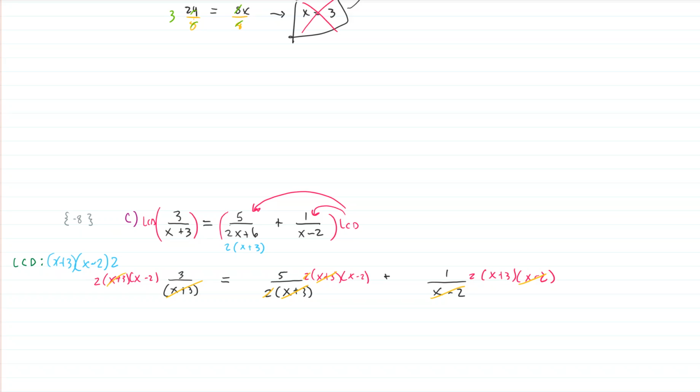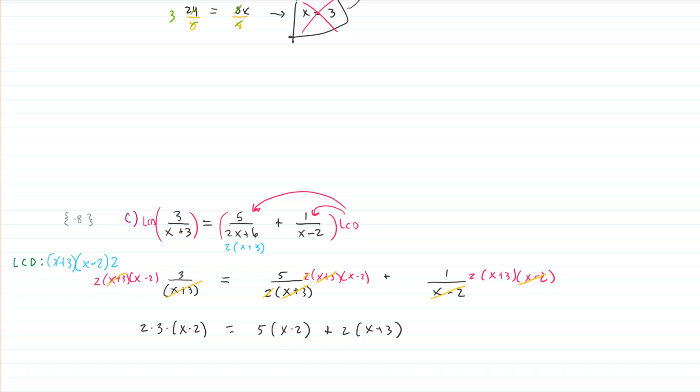Now gathering what we have left, we have a 2 times 3 times x minus 2. And on the right, in the first term, it looks like we have 5 times x minus 2. And on the second term, we have 2 and x plus 3. Now we continue with our simplification here.